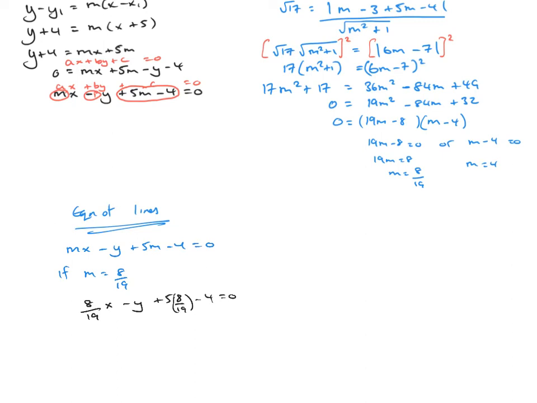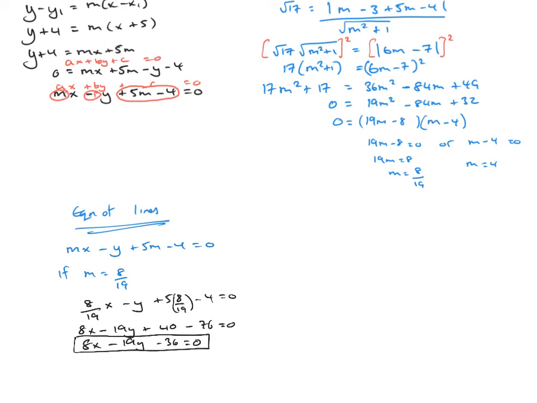We're going to multiply everything by 19 to get rid of the fraction, and we get 8x minus 19y plus, 5 8s are 40, and then minus 4 times 19, which is 76, equal to 0. 8x minus 19y, 40 minus 76 is minus 36, is equal to 0.